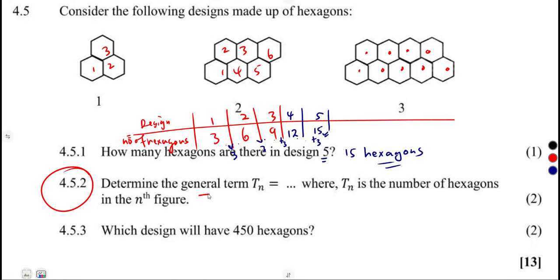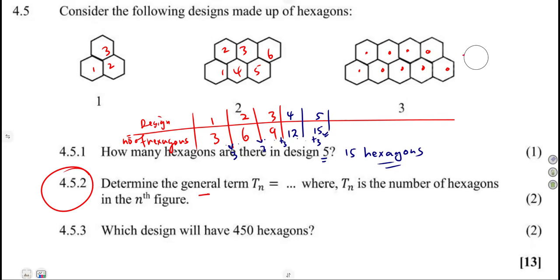4.5.2, determine the general term. All right, we have already said this, guys. We saw that there is 3n. The first design you multiply by 3, the second one by 3. So for any number of designs, Tn is equal to 3n.